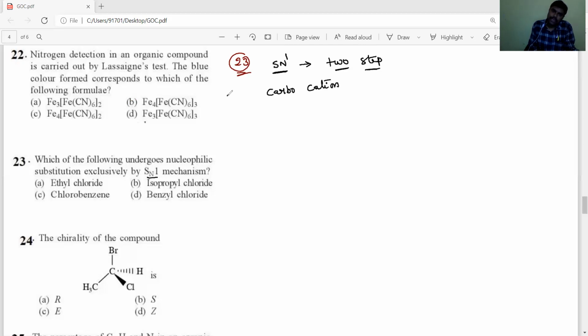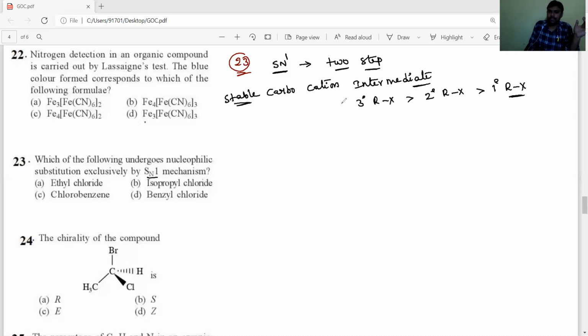That's why among alkyl halides, tertiary alkyl halides are more reactive than secondary alkyl halides for SN1 reaction, as well as primary alkyl halides.